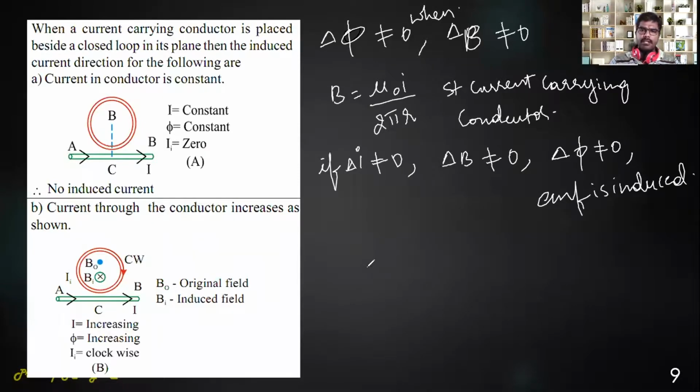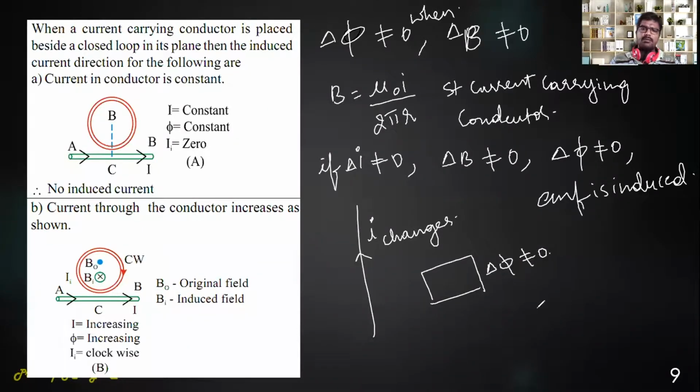Therefore, if you are taking a current carrying conductor and I changes, the magnetic flux produced here will change. Therefore, the flux linked has Δφ not equal to 0. And current will be induced within this, and that current can be decided by the Ampere right hand rule.